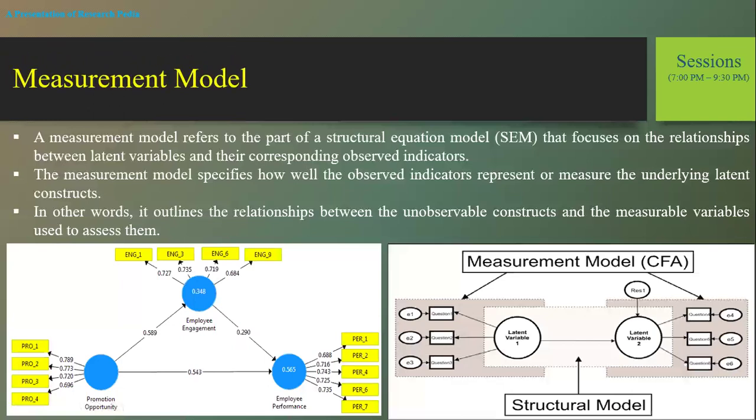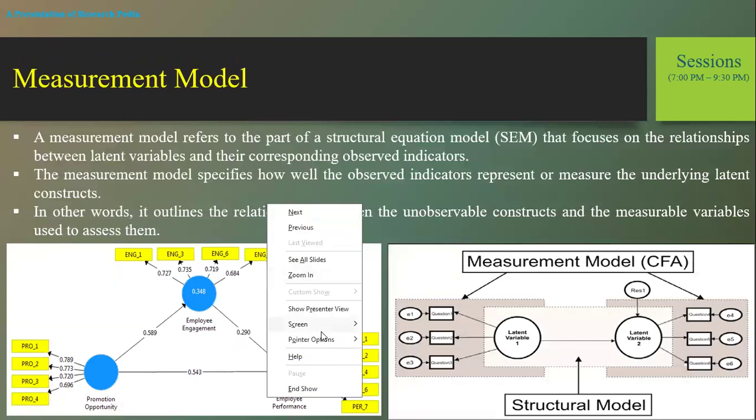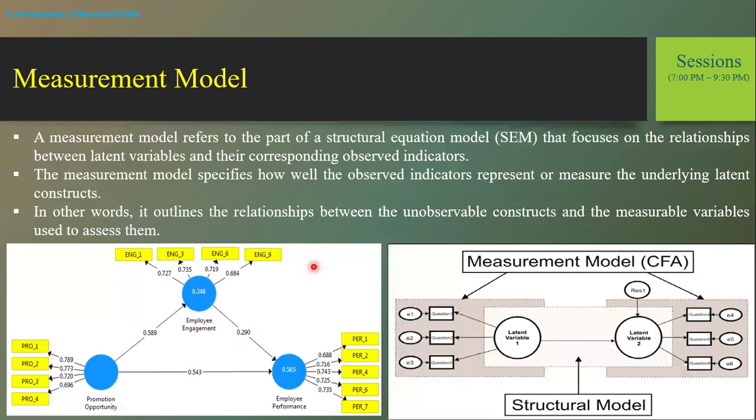What is a measurement model? How can we analyze the measurement model, or how can we explain it? A measurement model shows your indicators and your constructs. It indicates how your indicators or factors measure your constructs. So you can see here the employee engagement is measured by four factors: ENG1, ENG3, ENG6, and ENG9.